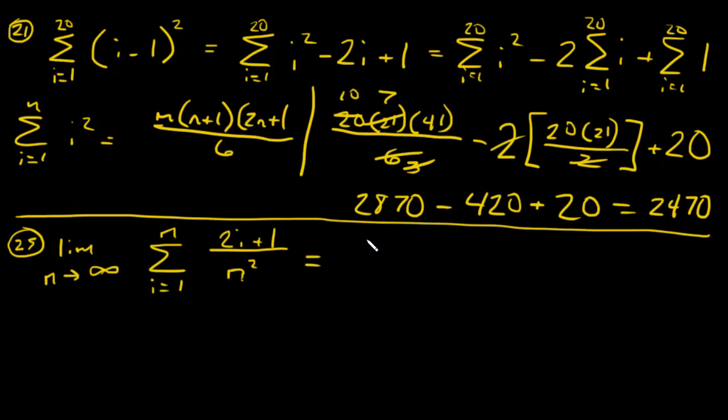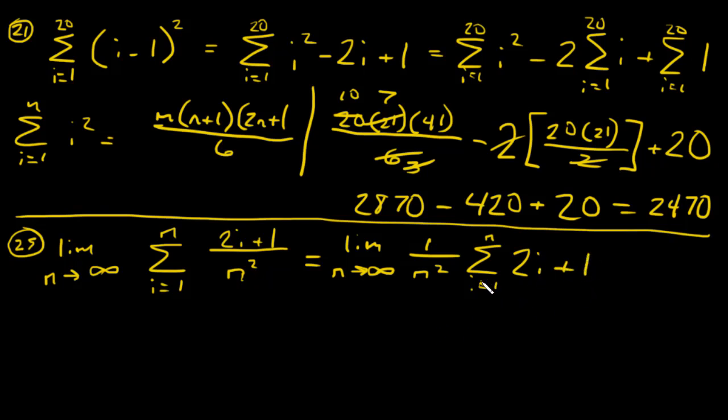So I can rewrite this as 1 over n squared times, oops, let me backtrack. Almost forgot my limit. Limit as n goes to infinity of 1 over n squared times summation i equals 1 to n of 2i plus 1.